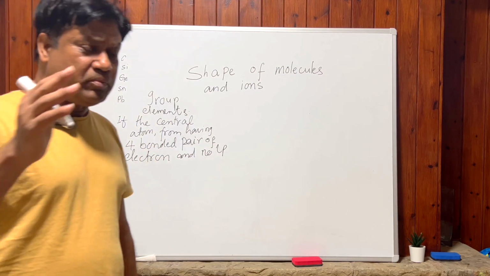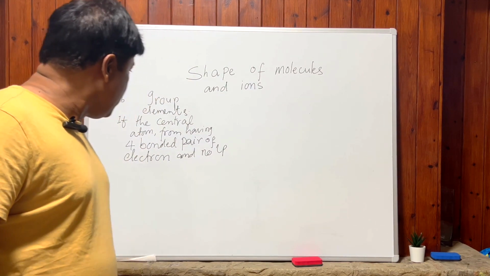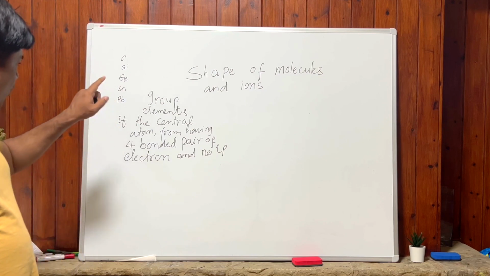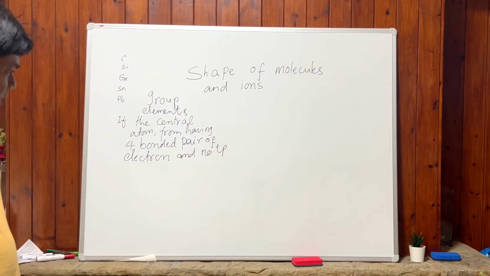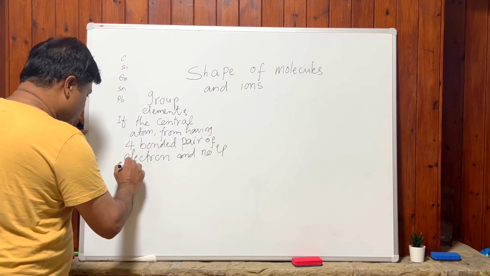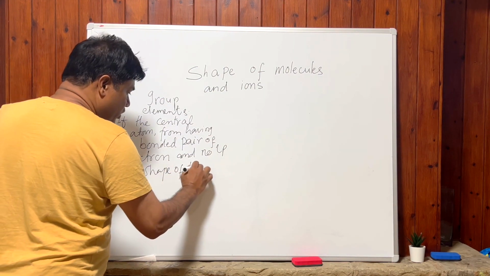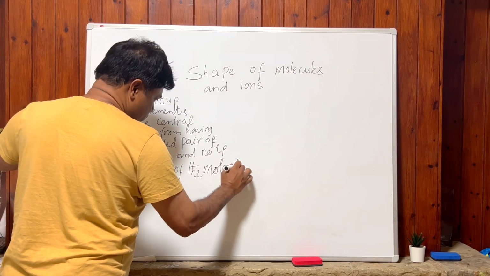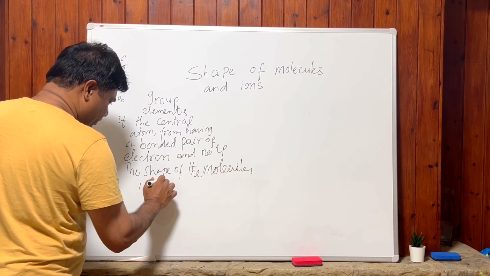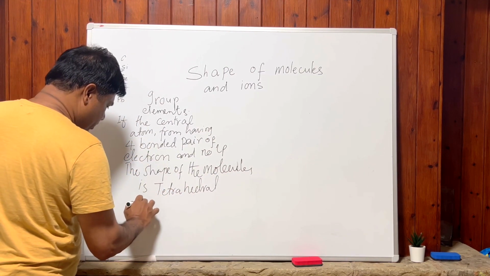If the central atom is from group 4, having 4 bonded pairs of electrons and no lone pair, the shape is always tetrahedral, perfectly tetrahedral, TD. And what's BA?